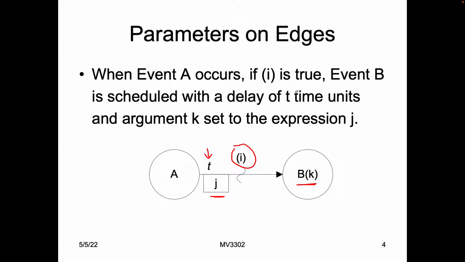So when event A occurs, if the Boolean condition is true, we schedule event B with a delay of t. But here's the thing, and this is what's different from invoking a method in a regular program. When event B does occur, its argument is set to the value of the expression J when it was scheduled.